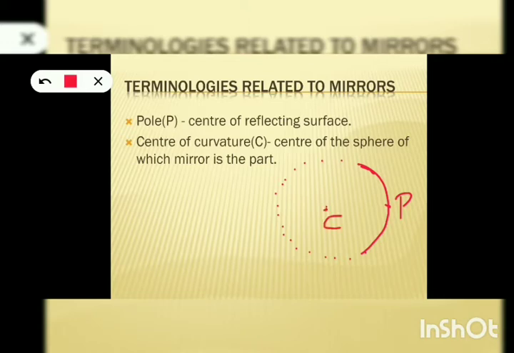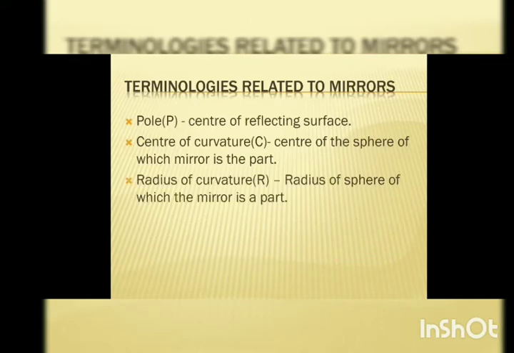This C itself is the center of curvature of the mirror. So this portion is our mirror, and this mirror is part of this sphere.